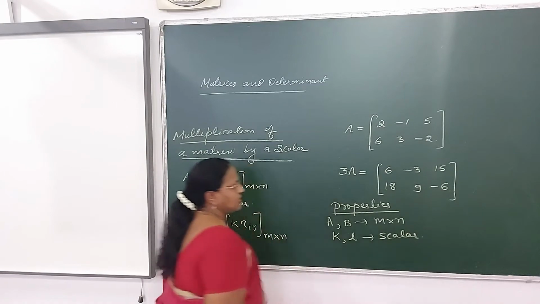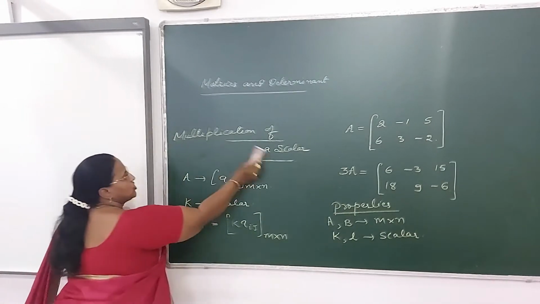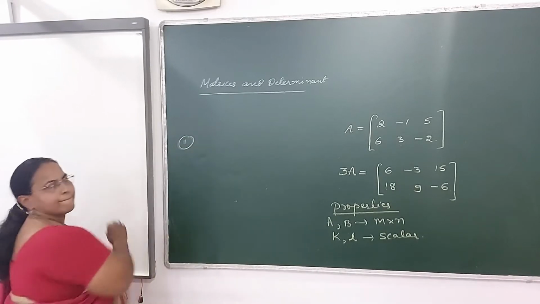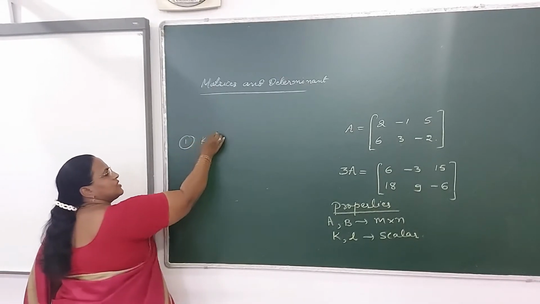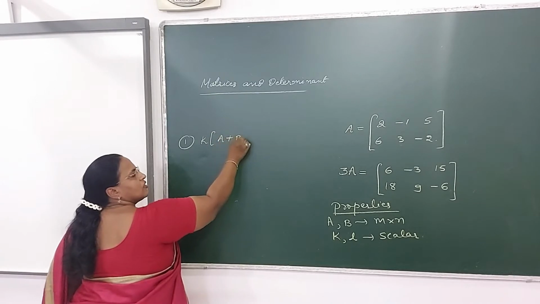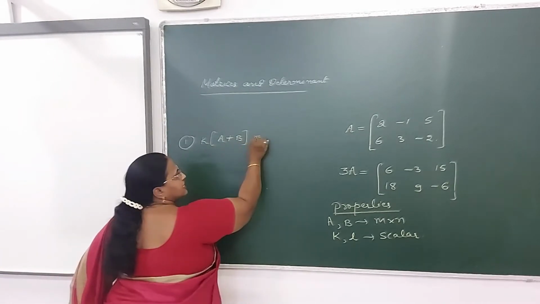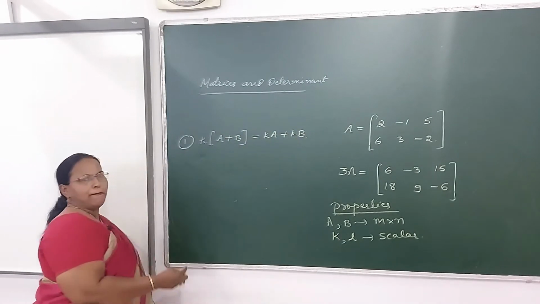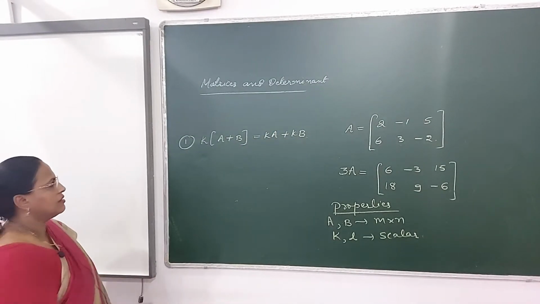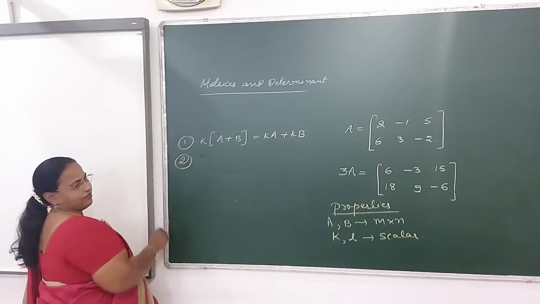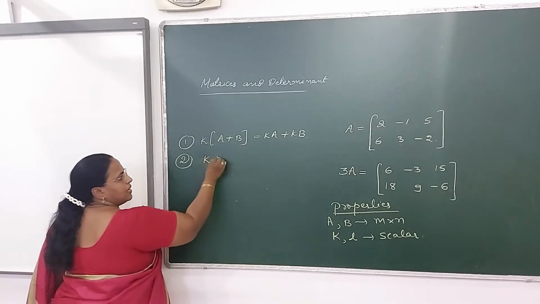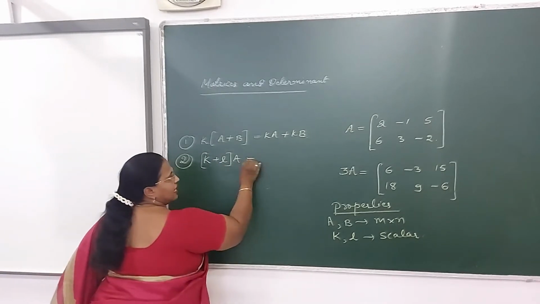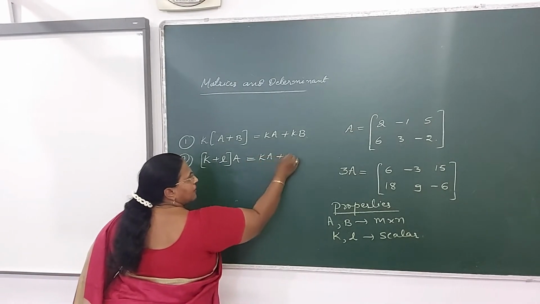Now see the properties. The very first property, k times (A plus B). This you can write as k into A plus k into B. Simple algebraic properties. Second property, (k plus l) times A. This you can write as kA plus lA.